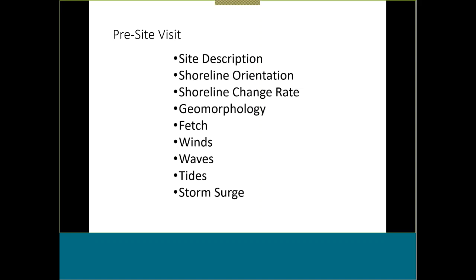We're going to want to collect information generally on the site description, your shoreline orientation, any information you can find on the geomorphology and change rate of the shoreline. And then, as I mentioned before, waves being the primary erosive force of a shoreline, we're going to try to quantify the waves present at the site, as well as understanding things about the tide, the normal tides, and the storm tides.